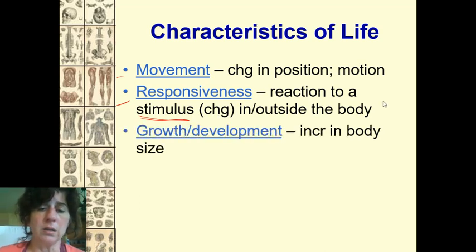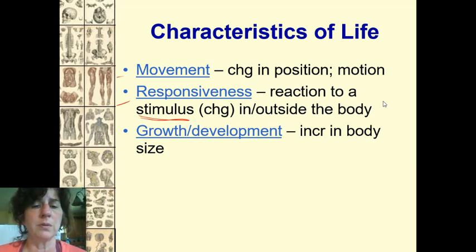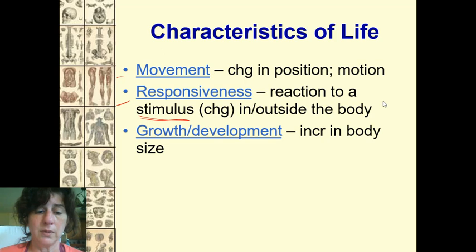Growth and development. All living things grow and develop to a certain amount. Bacteria don't really grow a whole bunch, but they do grow a little bit. They really don't develop from one shape to another. However, fungus, plants, animals, we do. As a human, we go from a fertilized egg, zygote, to a multicellular blastula, then gastrula, where you've got the differentiation process going on.